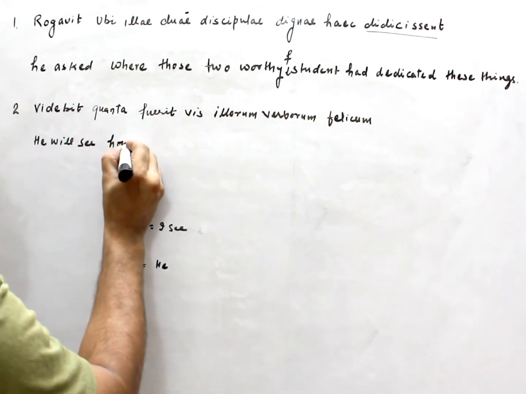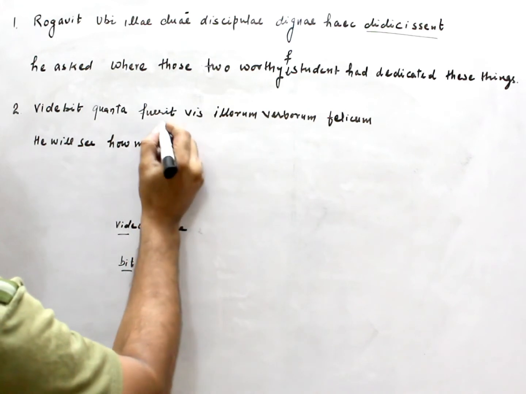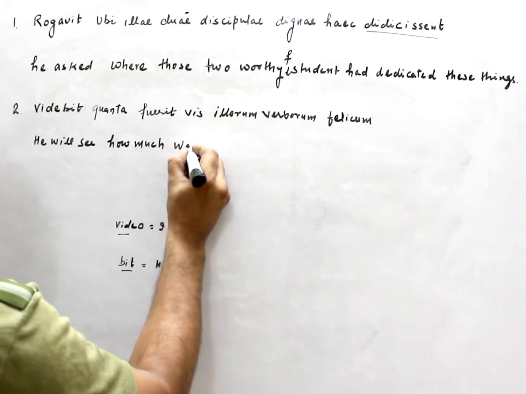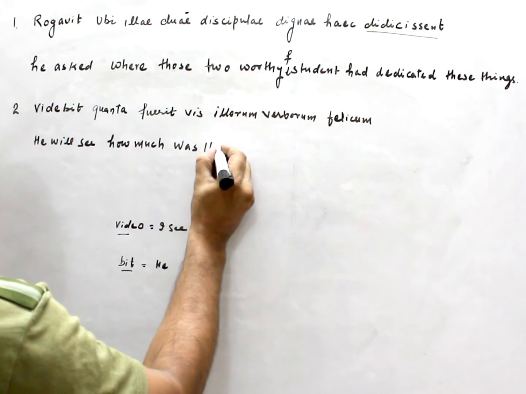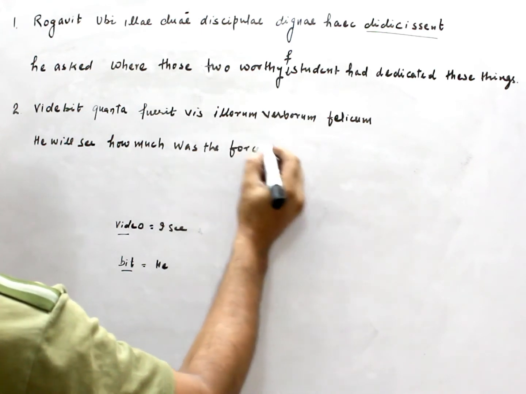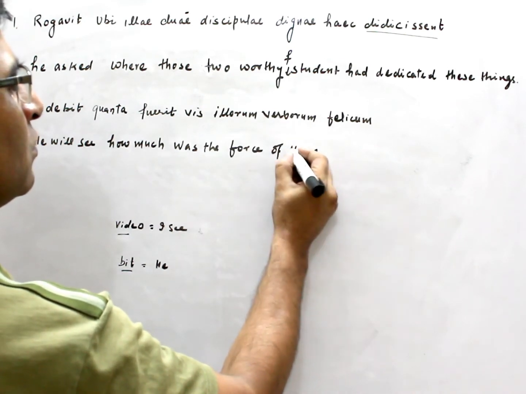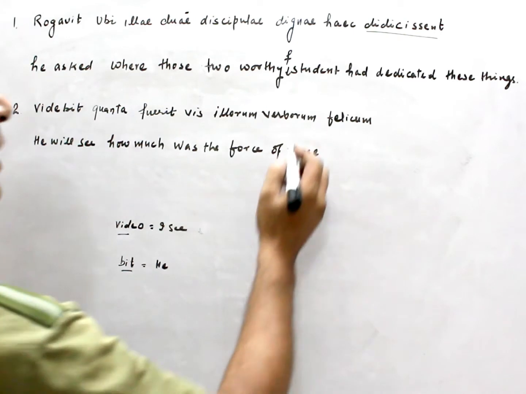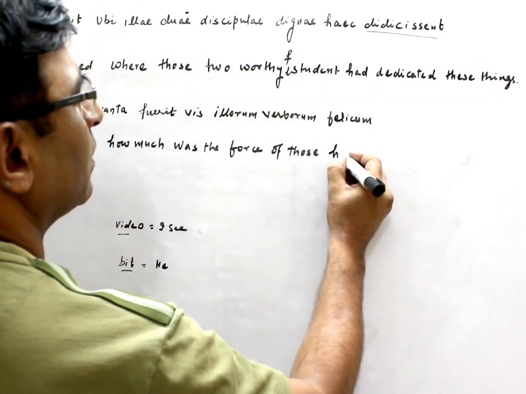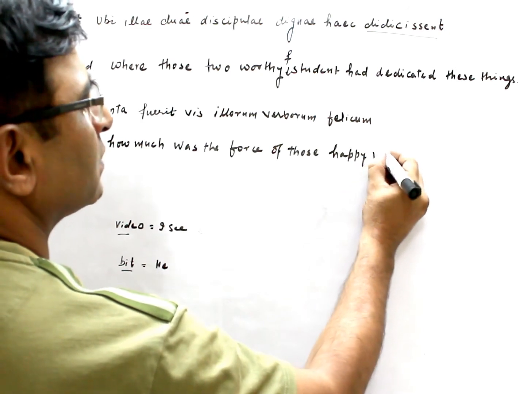Quanta is quantity. How much? Furit is was. The vis is force. Illorum of those happy words.